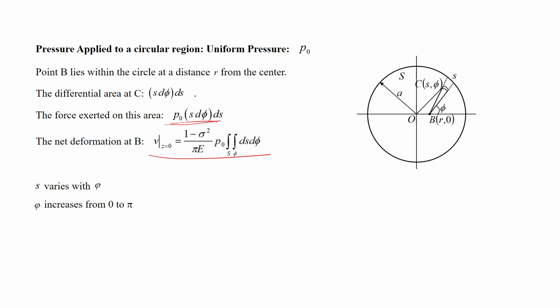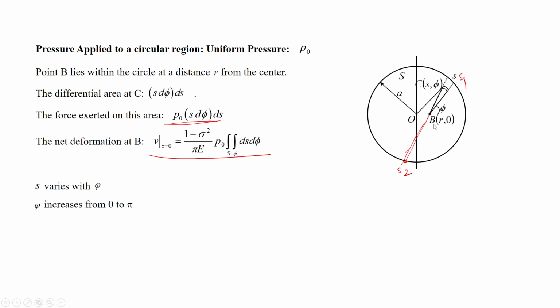Now, you can see that for a given value of phi, P0 is constant, and we want to integrate over the whole area. For a given value of phi, S varies from S2 to S1.